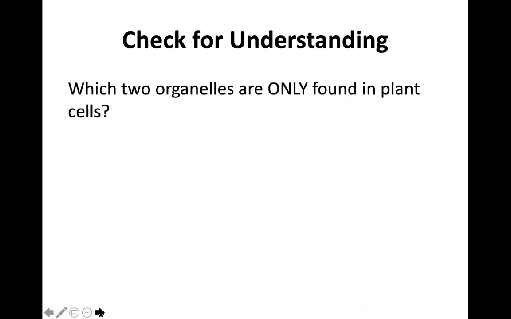All right, which two organelles are only found in plant cells? Chloroplast and cell wall. That's right. Because even though they have a vacuole, what did we say about an animal cell? It's just not as big. That's right.